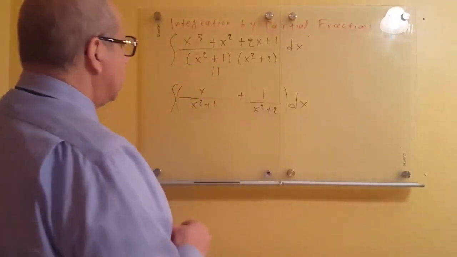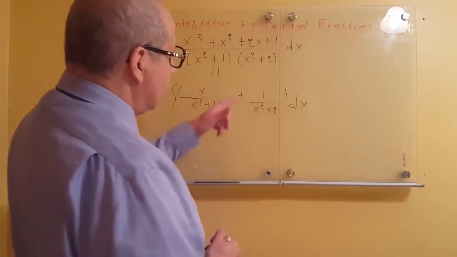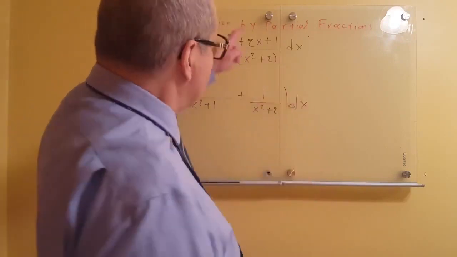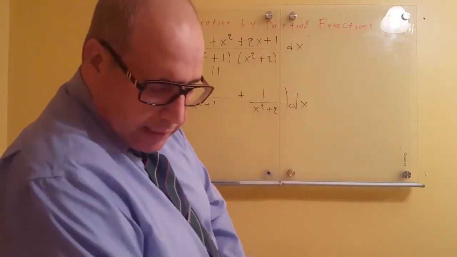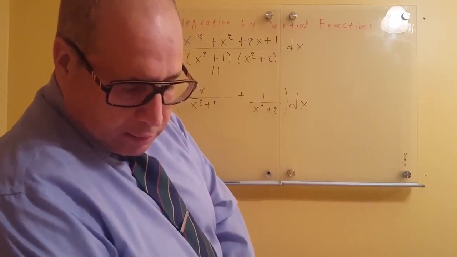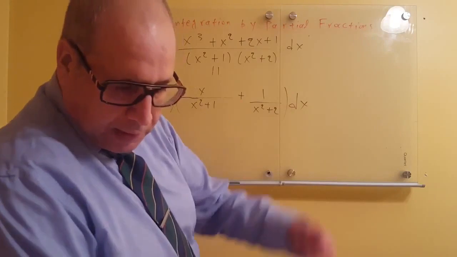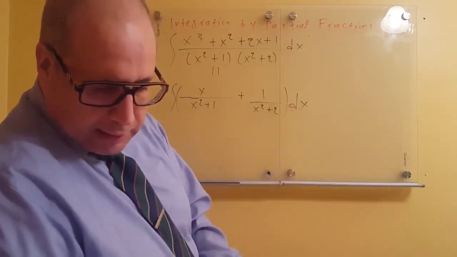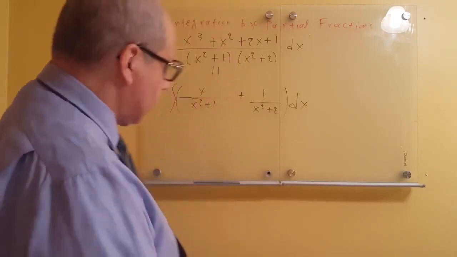For this here, we can go directly and substitute it with the formula that I gave you in the beginning, that the integral of 1 over x squared plus a squared with respect to x is equal to 1 over a times the inverse tangent of x over a plus c.